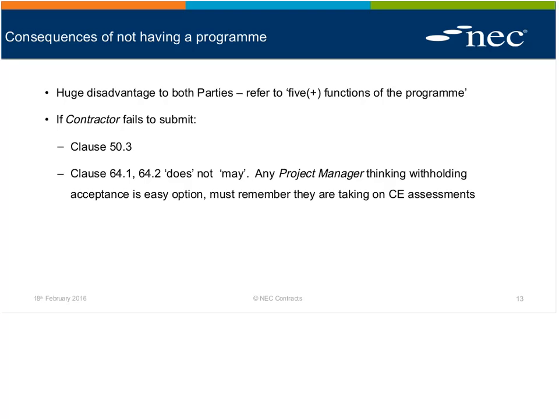I'm guessing, but it's something like that. So it's not an easy option for the project manager to simply withhold acceptance of a program. If the project manager withholds acceptance of a program, he is taking on the responsibility of assessing compensation events.